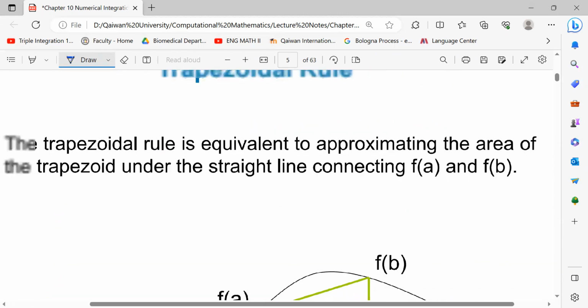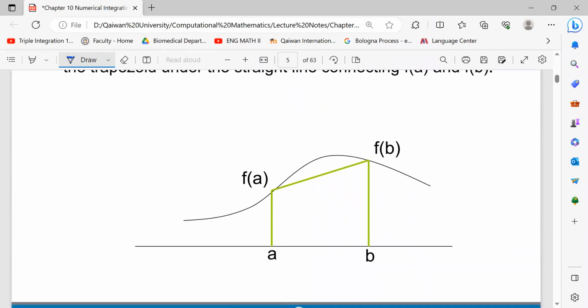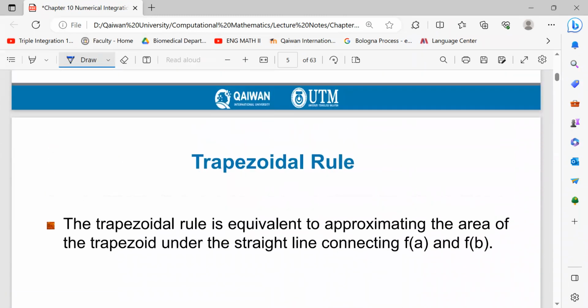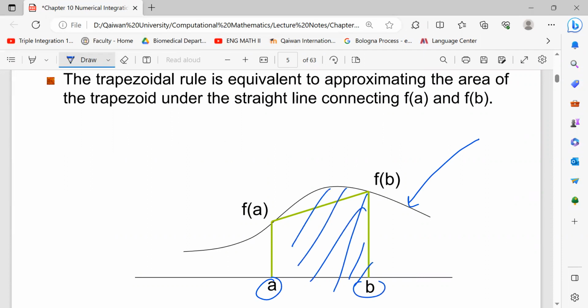First we have the trapezoidal rule. For the trapezoidal rule, what we do, it is an approximate value of an integration. Here, the integration of this curve from A to B is this area.